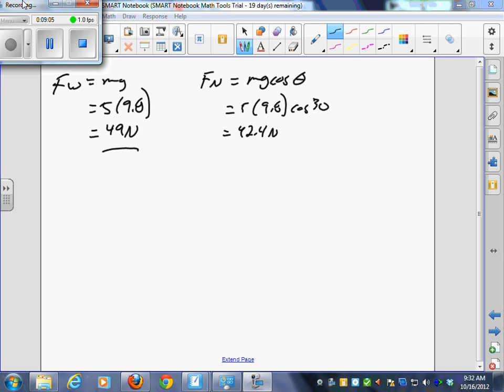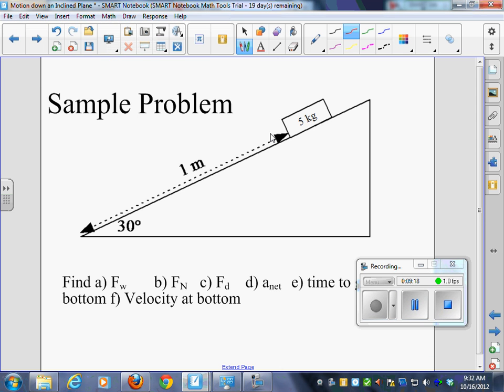Now that's a real good question. Is it not negative? I'm glad you brought that up. So if I put a negative in there, well, the problem with doing it like that is that negative is this direction, right? So FD, if that's negative, then opposite must be positive. So what direction is that? It can't be positive, it can't be negative because it's somewhere in between, right? Now we could use our north, south, east, west, but that really doesn't apply because we're not looking down on a map.